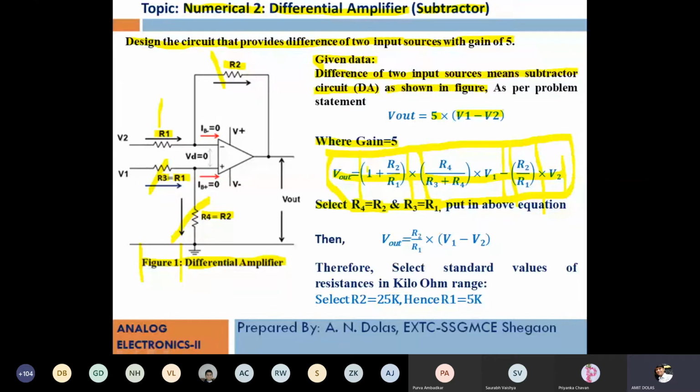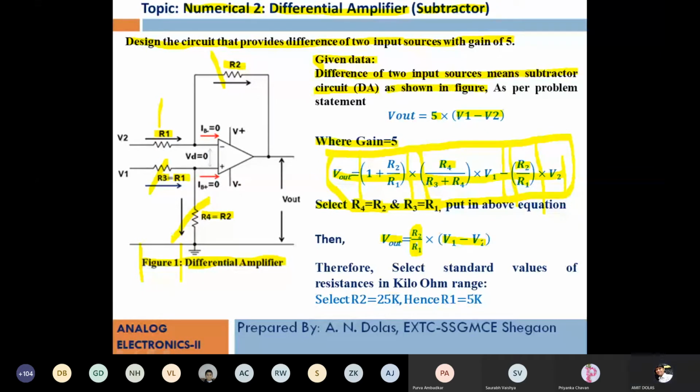So if you do the mathematics on this equation, you will get V out is equal to R2 by R1. This will be the gain of the differential amplifier if R2 and R4 are the same and R1 and R3 are the same, multiplied by the differential voltage V1 minus V2.